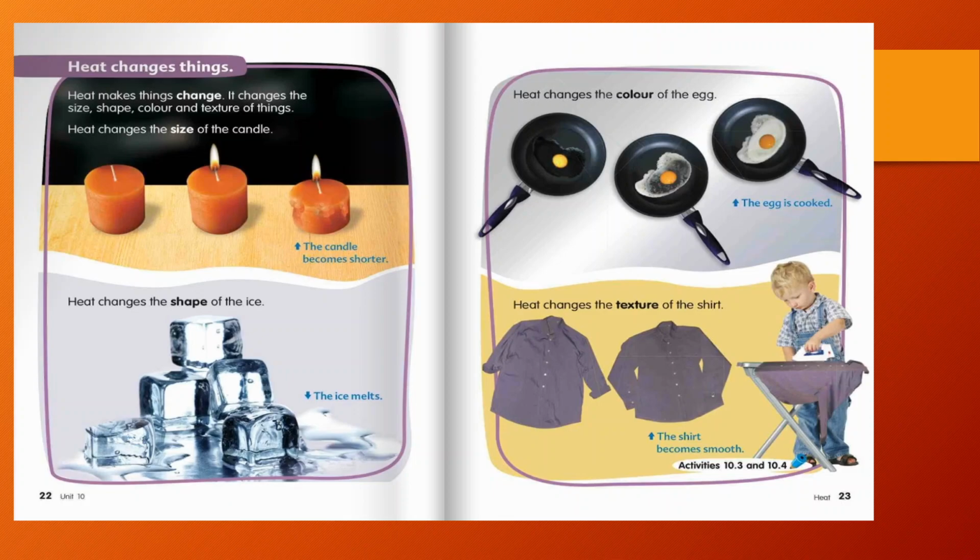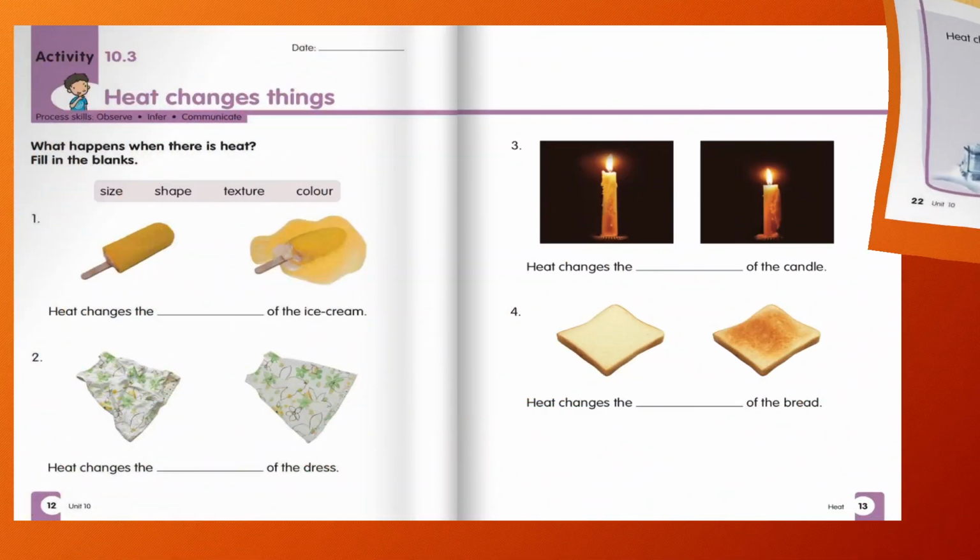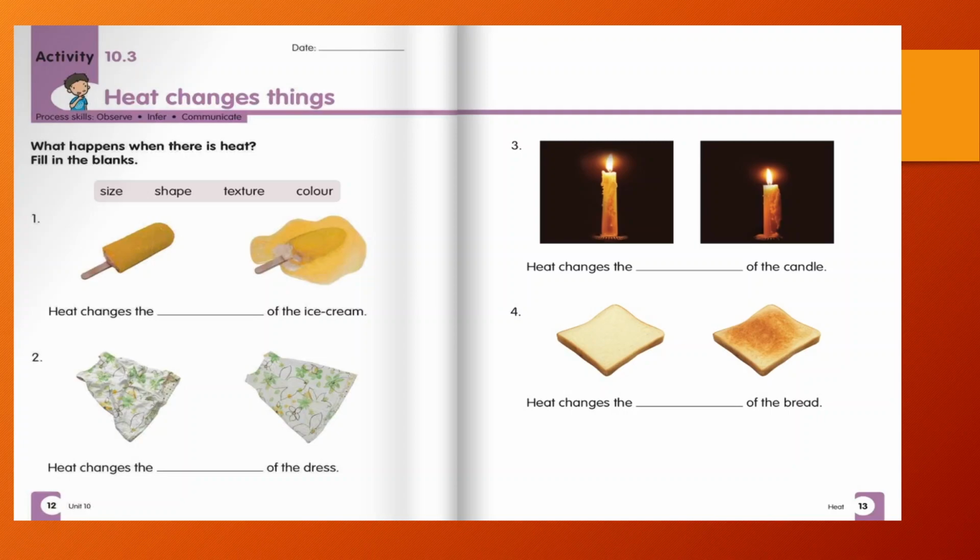Okay? Now I would like you to get your activity book, please. In activity 10.3, we have what happens when there is heat. Fill in the blanks. You have to use the words that are in the box: size, shape, texture, color.